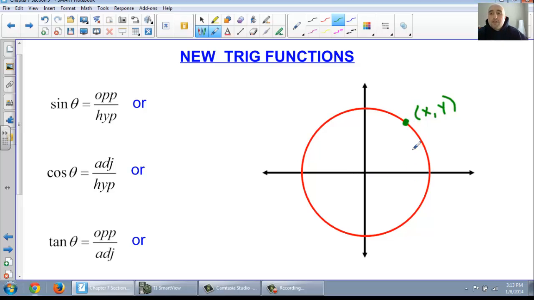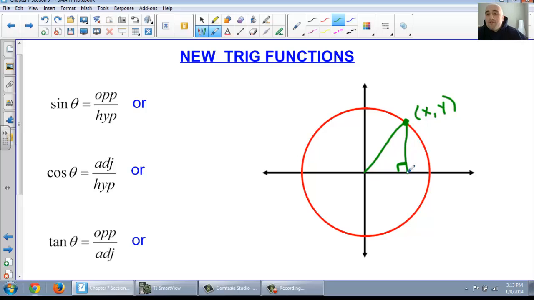Now I'm going to draw a right triangle in this first quadrant. I'm going to draw straight down to the x-axis. That's not a very good line, so I'm going to redo that one. I'm going to go right from the origin up to my point. Hopefully you see that we have a right triangle.